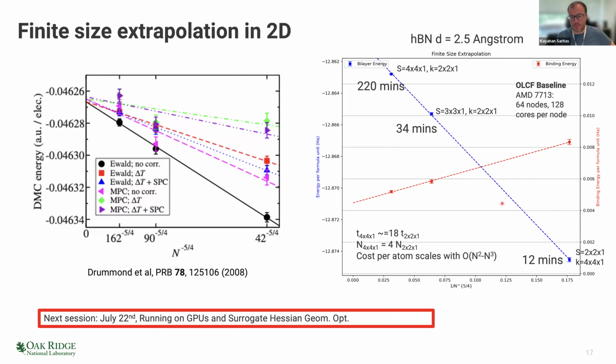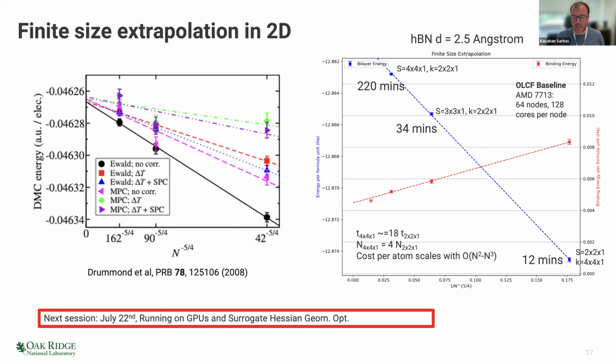But in the case of the actual binding energy itself, where you subtract the energy of the monolayer, you're benefiting from a cancellation of errors, where the two-body errors that you see in this figure are canceling out to an important degree.